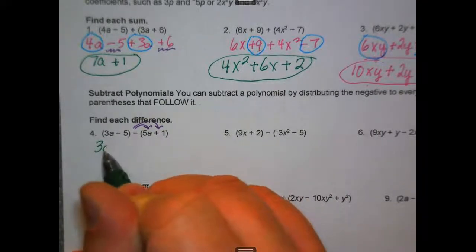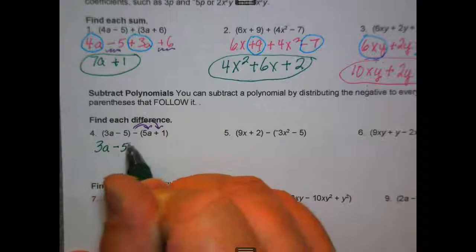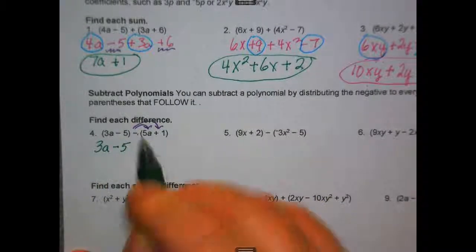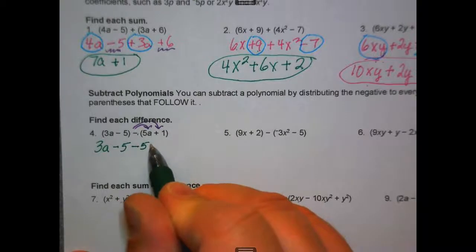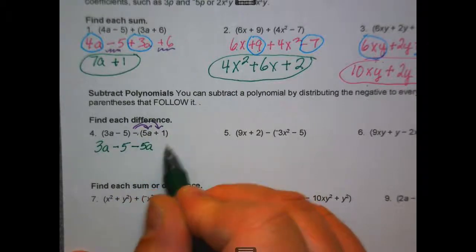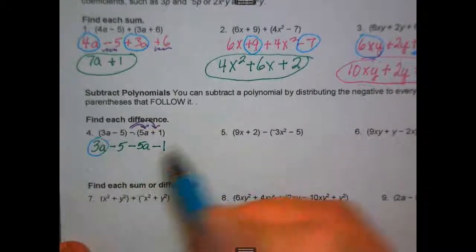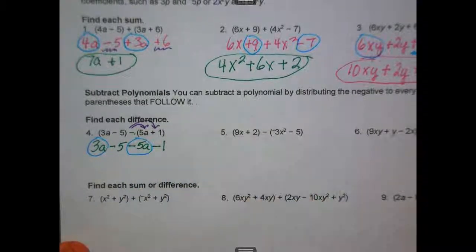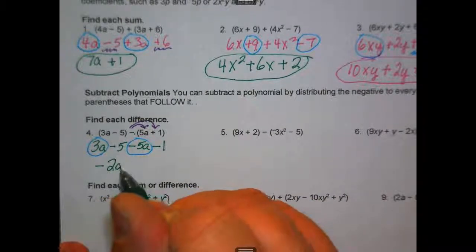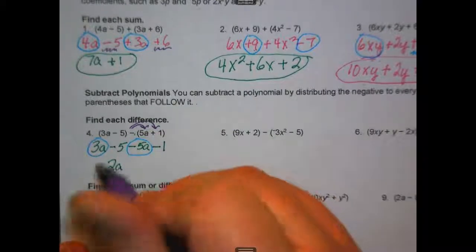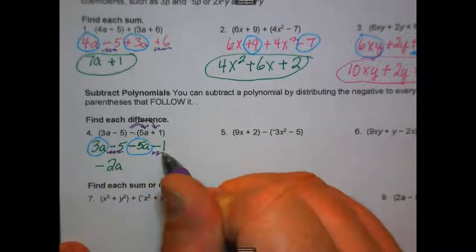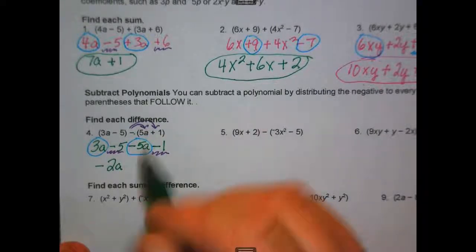So I have 3a minus 5 minus 5a, and that negative 1 times a positive 1 is negative 1. Combine our like terms. We have a 3a and a minus 5a, which gives me minus 2a. Negative 5 and a negative 1, negative 6. Good.